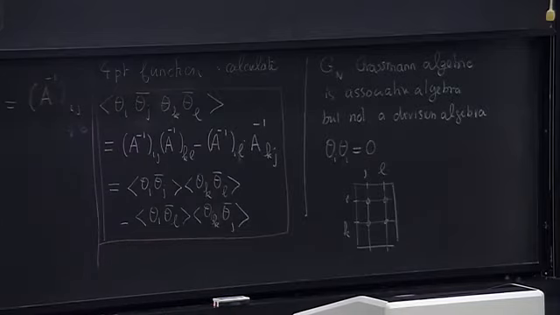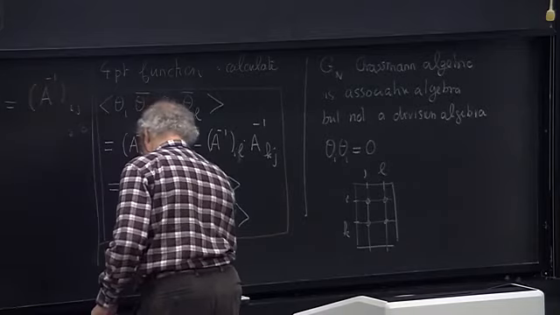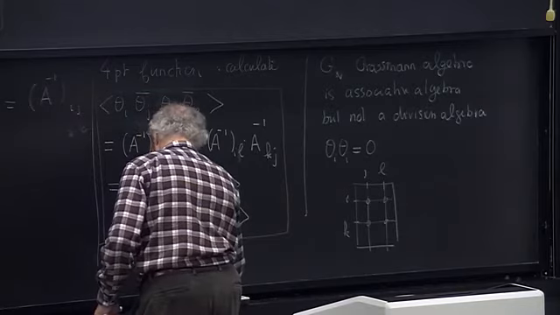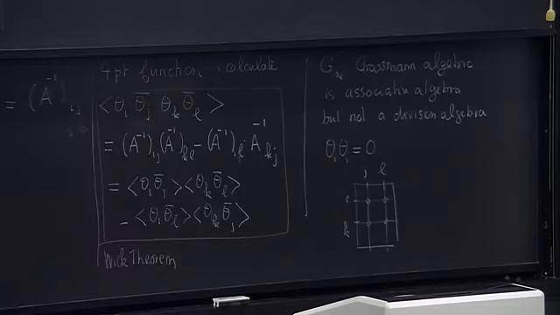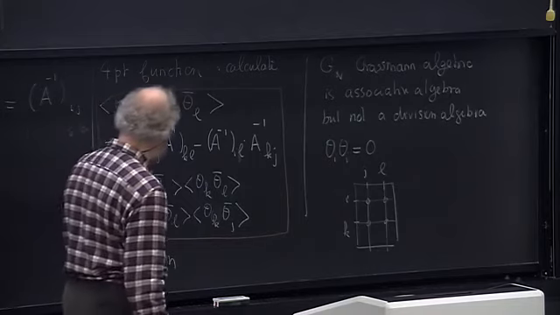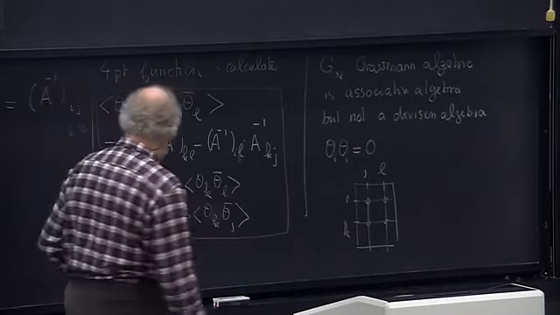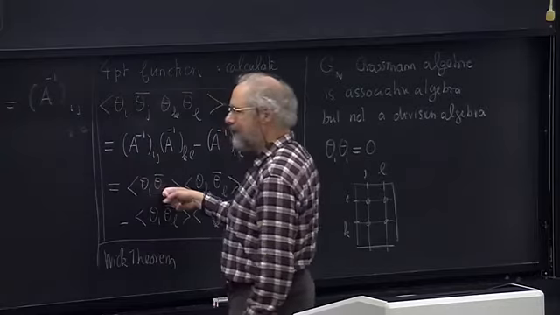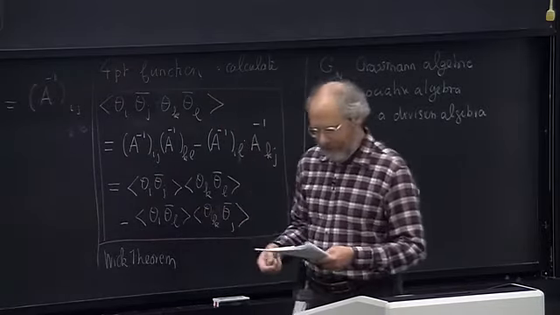So this is a form of Wick's theorem. Because you see that the expectation value of the products of 4 thetas can be decomposed into a sum of the pairings of 2 thetas. But you have to pair theta with theta bar, and you have to take into account the orientation.